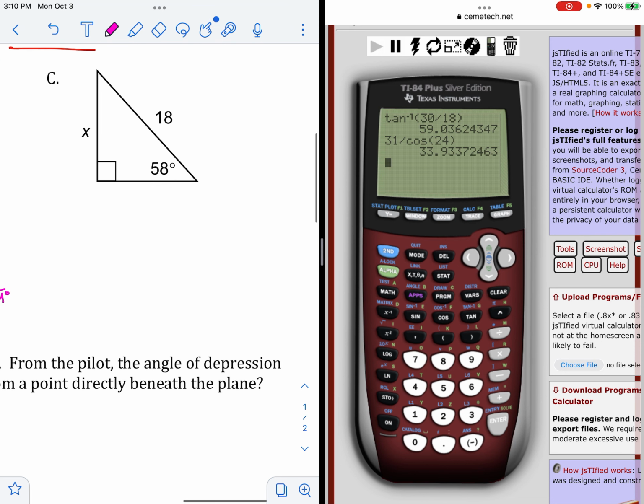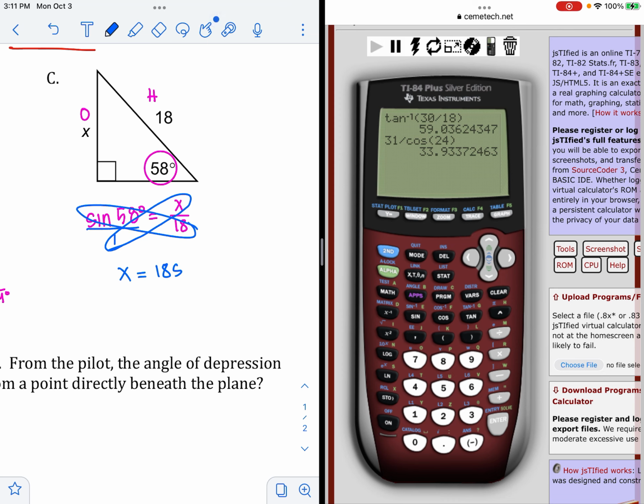Okay, last but not least, here's my angle. This is opposite and hypotenuse, so I'm using the trig function sine. So sine of 58 degrees is equal to the opposite side, which is x, over the hypotenuse, which is 18. Once again, your variables and your fractions, so I'm going to make the left-hand side a fraction too by putting it over 1, and I'll cross multiply. 1 times x is x equals 18 times the sine of 58 degrees.